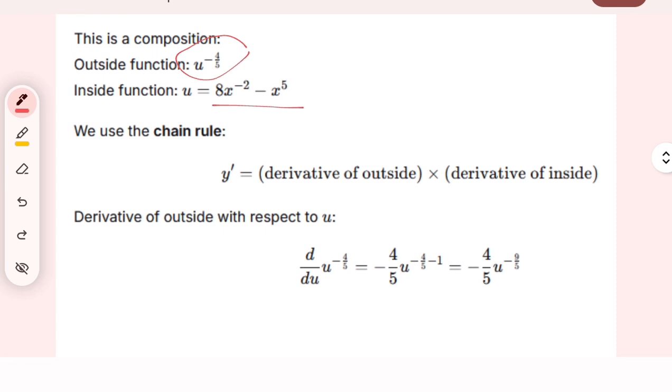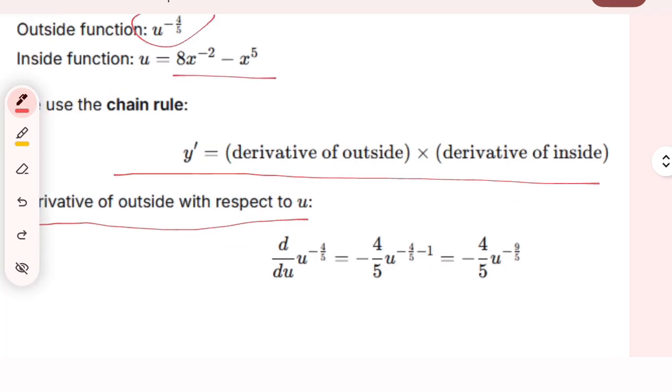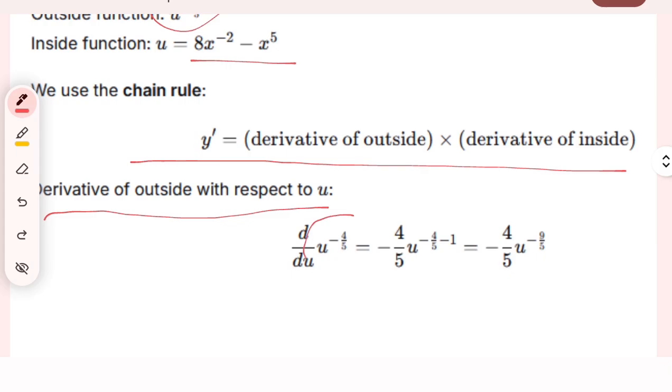So what is the chain rule again? The chain rule is equal to the derivative of the outside times the derivative of the inside. All right? So the derivative of the outside with respect to u. So what we have to do now is we take the derivative of the outside. This is now the outside. Remember, it's u to the negative 4/5.